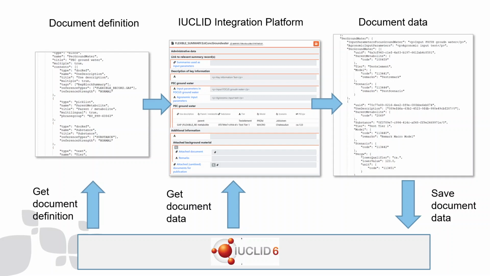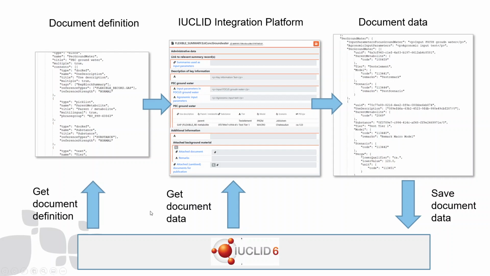So now we have a basic framework which allows us to further enhance the user interface, because we can now modify that, support more use cases, enhance tabular editing and other things, because the native IUCLID interface does not support modifications.